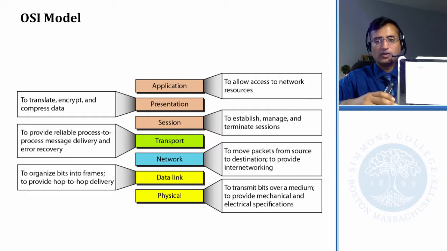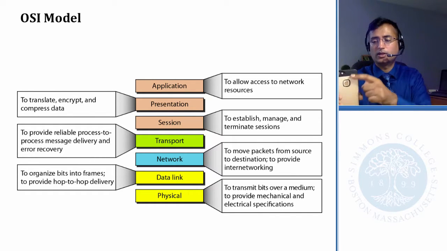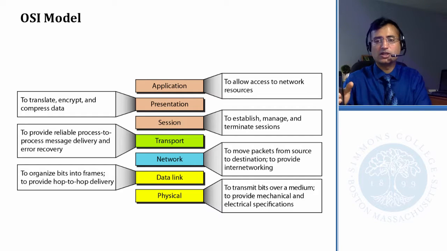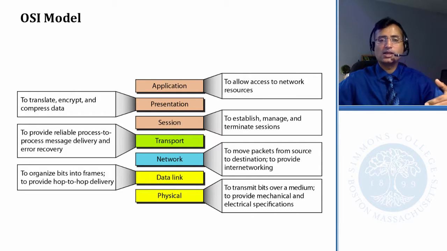On the physical layer they move across, and then when it reaches the next node, it moves from the bottom to the top on this particular device. So all the 7 layers across the network, you can think of them as corresponding to each other: the physical to the physical, the data link to the data link, the network to the network, the transport to the transport, and so on.